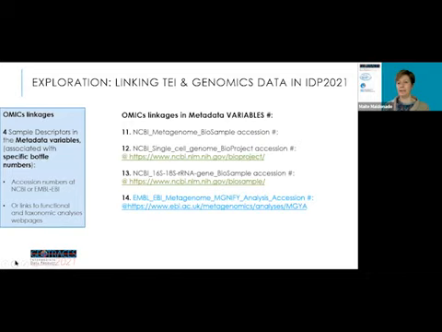So how do you find this data? These data were incorporated in the IDP 2021 as metadata variables. So if you go to the web ODV Explorer, you are going to find in the metadata 4 variables, number 11, 12, 13, and 14. This is where you can find, for example, for variable number 11, the accession number for the metagenome data in the NCBI associated with that water sample.